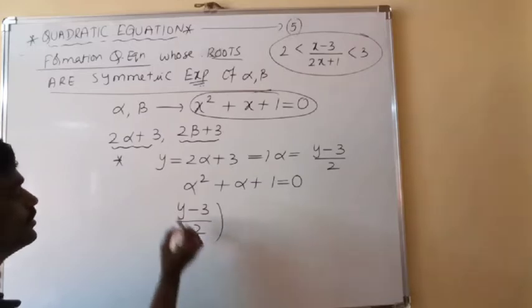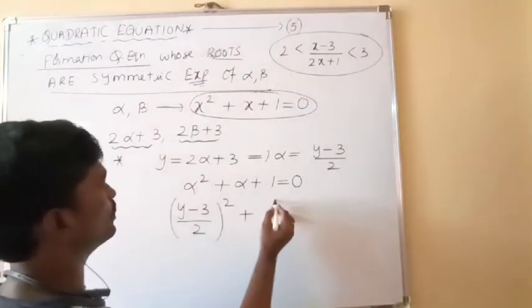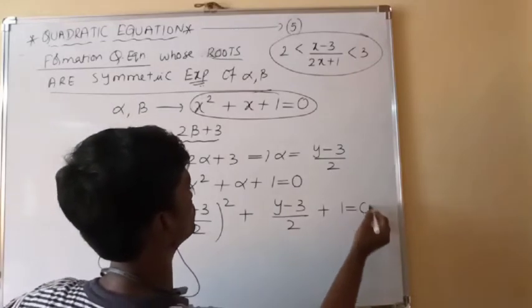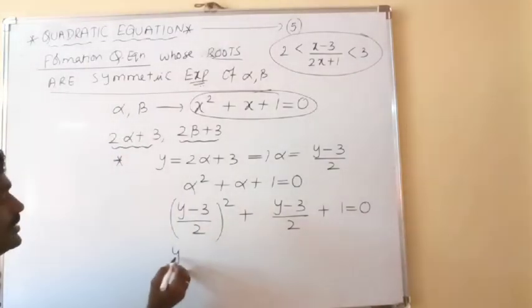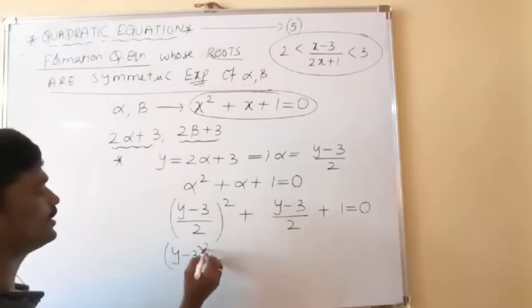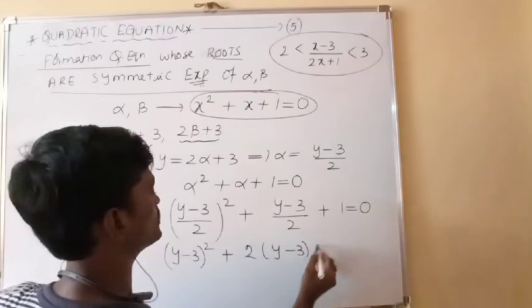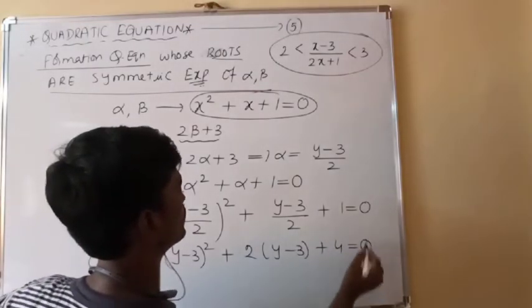Substitute here: y minus 3 by 2 whole square plus y minus 3 by 2 plus 1 is equal to 0. So if you take LCM 4, y minus 3 whole square plus 2 into y minus 3 plus 4 is equal to 0.